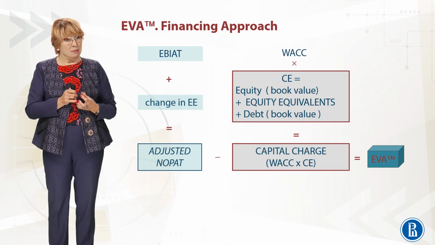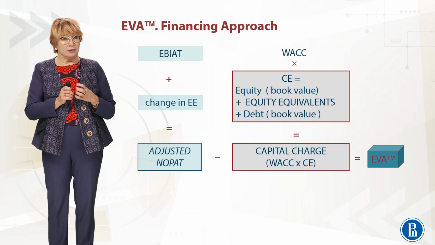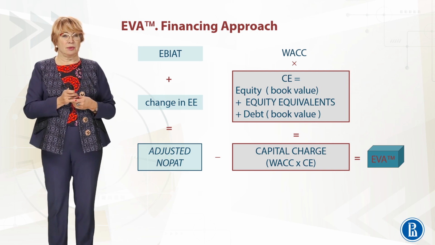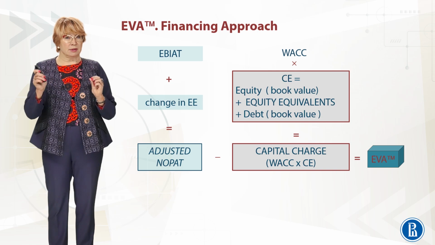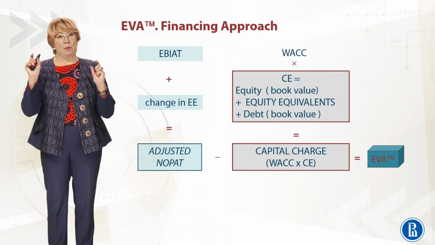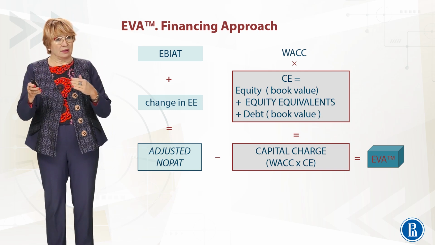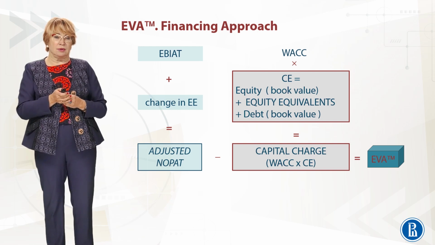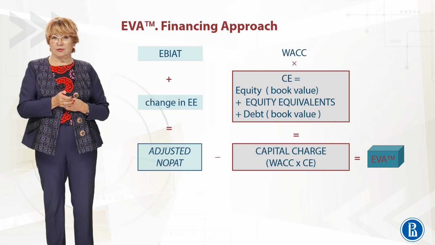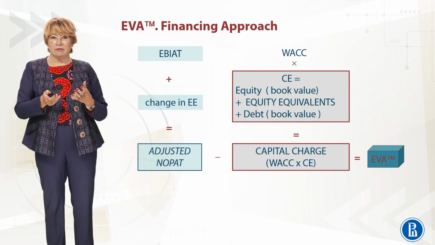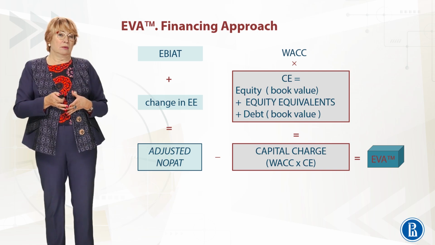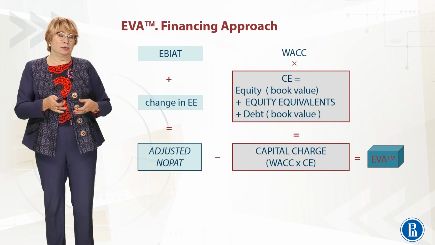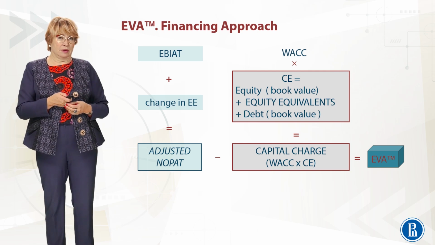So then it means that we found an additional asset base for the company. Those equity equivalents, or homemade assets, capitalized expenses, should be added to the book value of the equity. And what is the book value of the equity on the balance sheet according to the financial reporting standards?